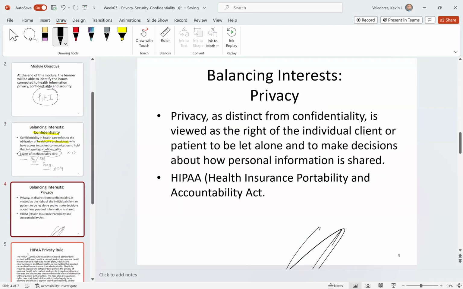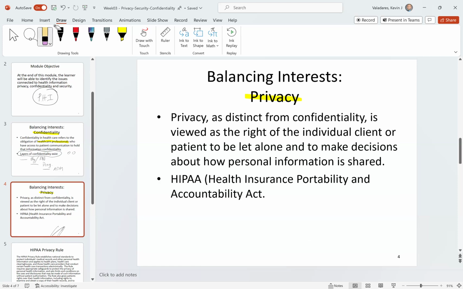At the same time, there are interests that need to be balanced in terms of privacy. And privacy is really the key part. The key part of HIPAA, the HIPAA privacy rule, which you have access to as well, is distinct from confidentiality.